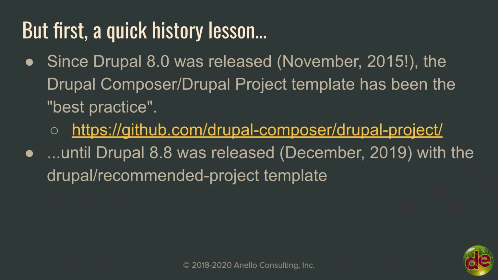It was heavily refactored. It was lightened up a little bit, but some parts and pieces were given test coverage as they should, and quite a bit more functionality. And it is now included in Drupal 8.8 as Drupal/recommended project, Composer template. So if you're starting a new Drupal project today, you should no longer be using this. You should be using the recommended project template. And this is what we're going to focus on today.